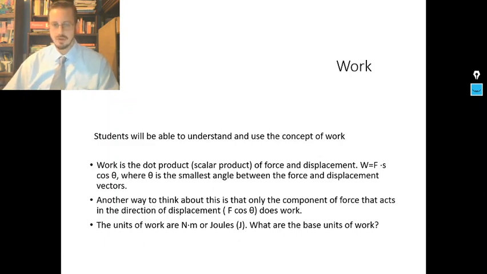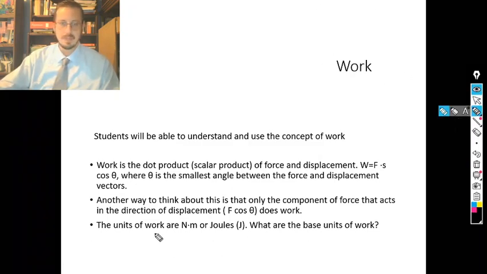The units of work are newton meters or joules, but what are the base units of work? Let's think through that. Because work is force times displacement, we know that force is measured in newtons and displacement is measured in meters. But a newton is not a base unit. Recall from Newton's second law that a newton of force is equal to a kilogram of mass times a meter per second squared of acceleration.